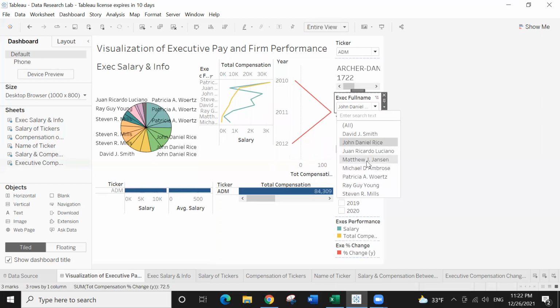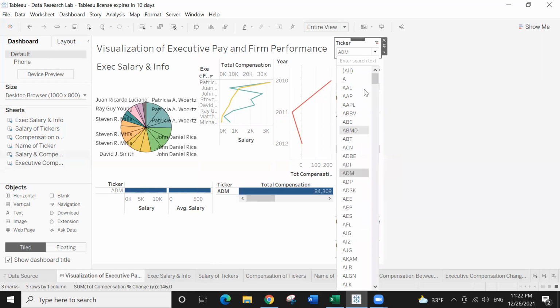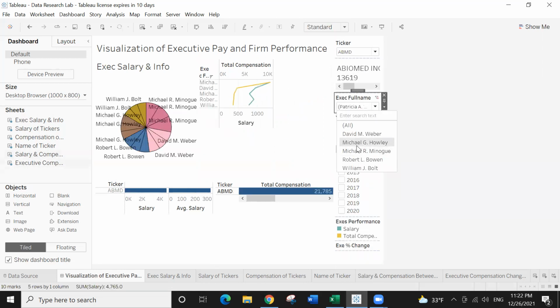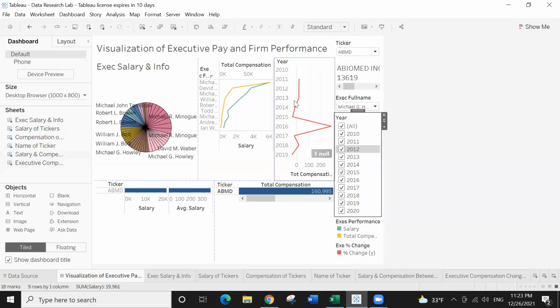Each person has different years. Some people don't have it. And some people have different years because the years are different for each company. You can see it by clicking all the years here.